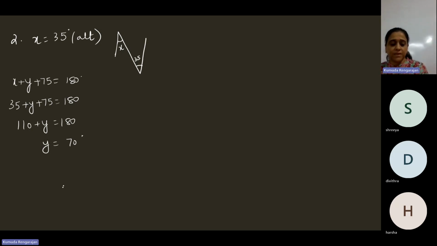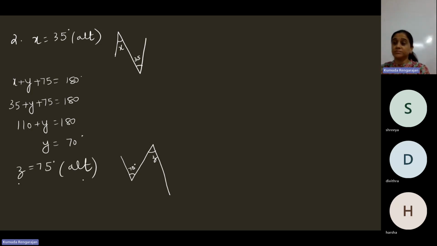Then Z. These two lines are parallel. So Z is equal to 75 degrees. Alternate interior angles are equal.